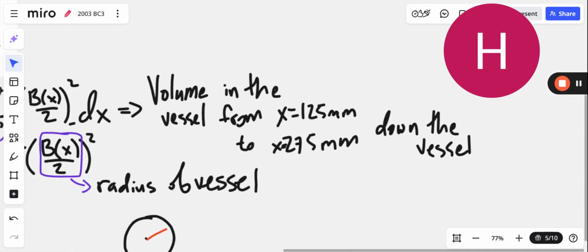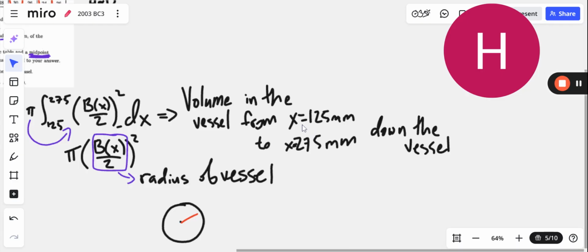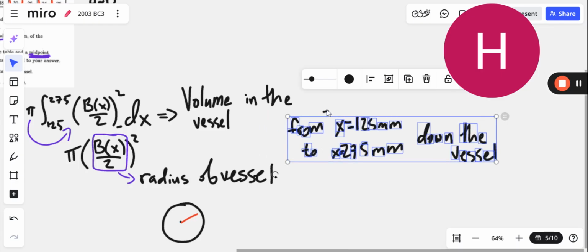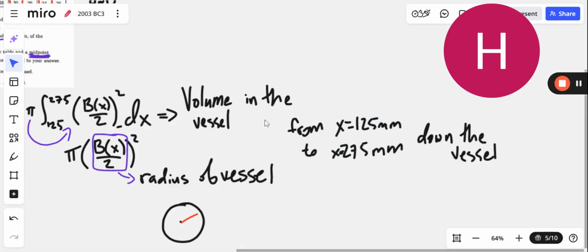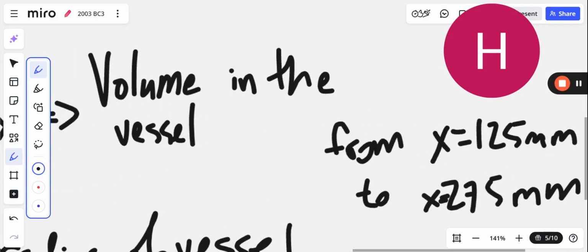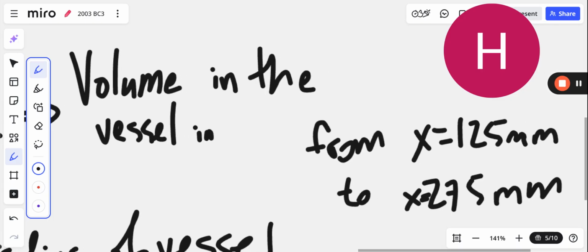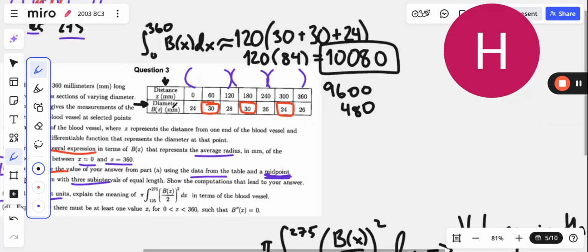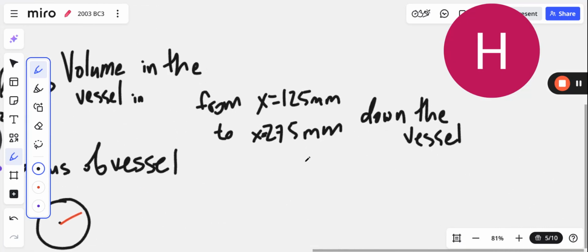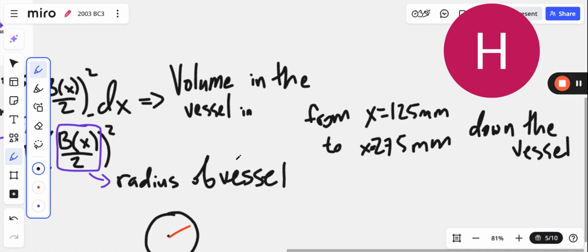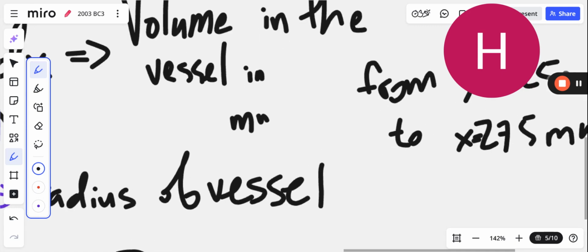And maybe I should be specific because it did say to use correct units. So we're going to use correct units. Let's see. Make sure everything's in millimeters. Yeah, diameter's in millimeters. So the radius is in millimeters. And the distance along the vessel is in millimeters. So we have millimeters squared times millimeters. Good. This is going to be in millimeters cubed.